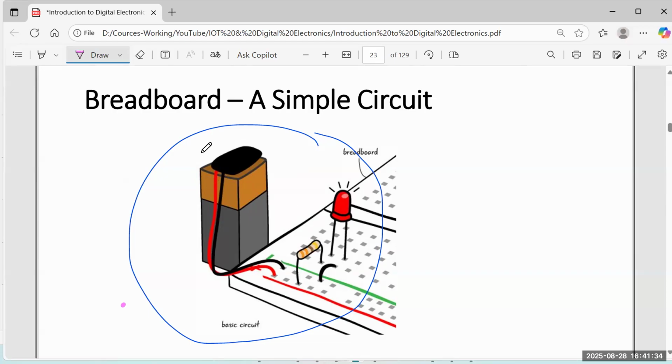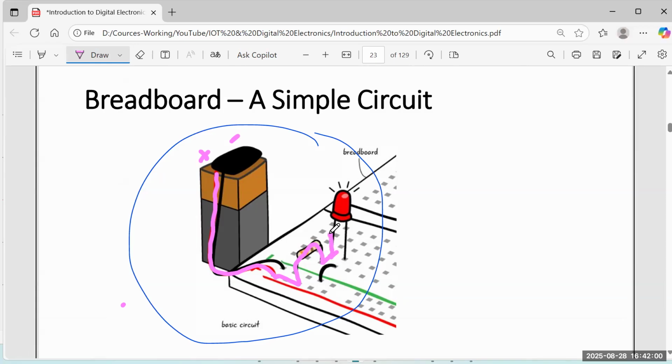So the red side is positive, okay? This is negative. So electricity comes from here to this. You can see. And remember, these are interconnected. So therefore, it comes like this and goes through the resistor. Remember, these are interconnected like this. So therefore, electricity goes to this. And of course, electricity goes all the way to this line, but there's no item connected.